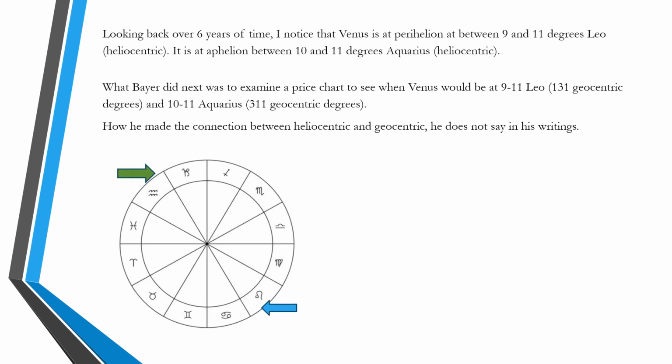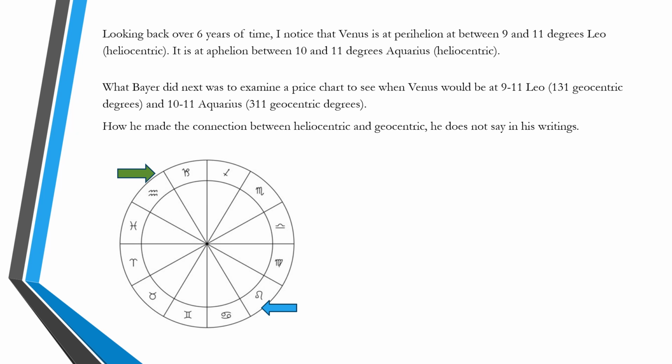And so I have used my heliocentric ephemeris tables, and I have looked up online the dates when Venus has been at perihelion and the dates when it has been at aphelion. And I noticed something very, very interesting. If I go back 6 years in time and I look at all of the Venus perihelion and aphelion events, I notice one thing.